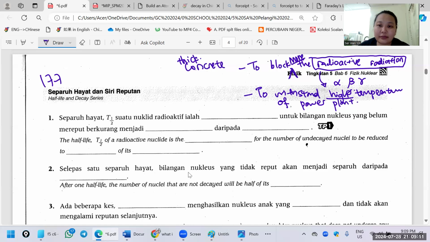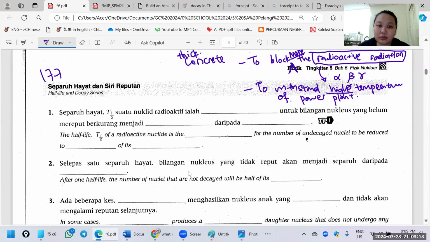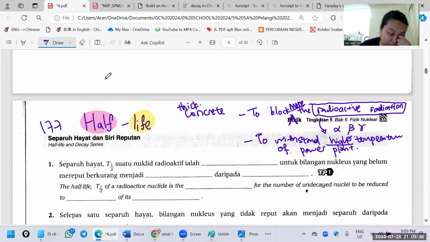Okay, now half-life. Actually, half-life is also easy to understand for me. Half-life. Okay, so actually the important thing is we look at, for example, centripetal force.